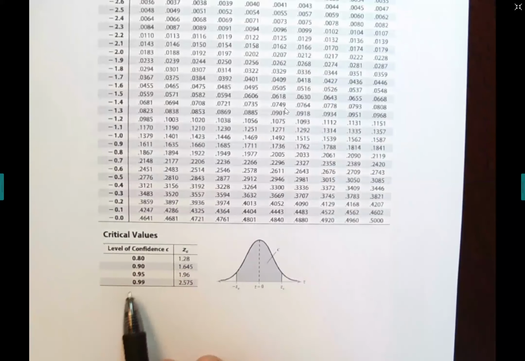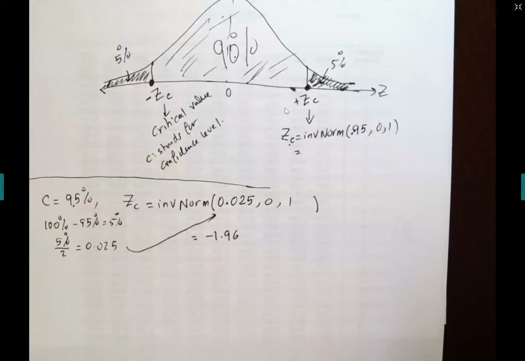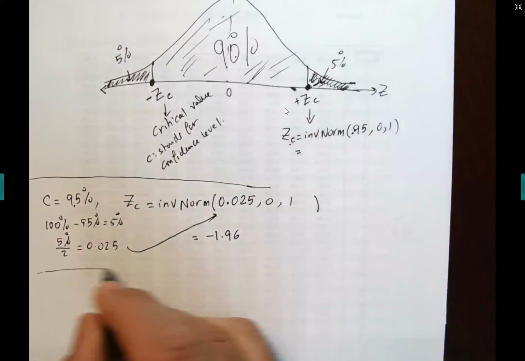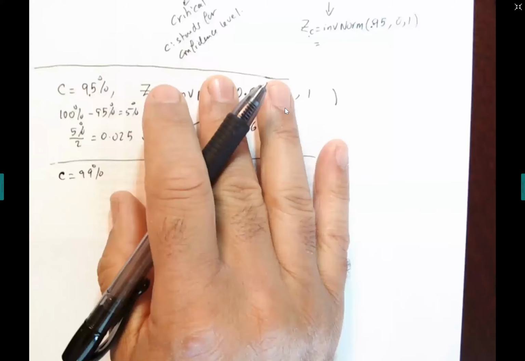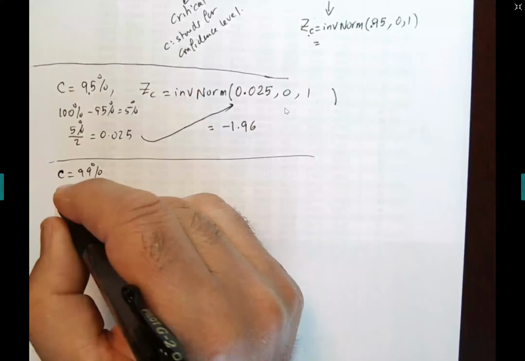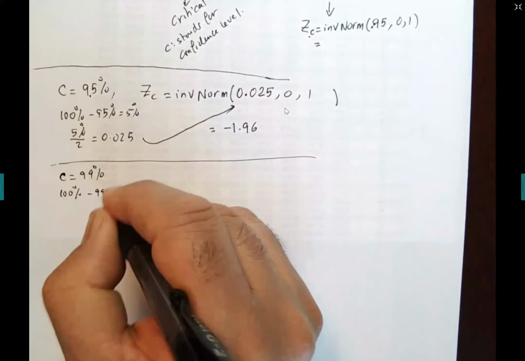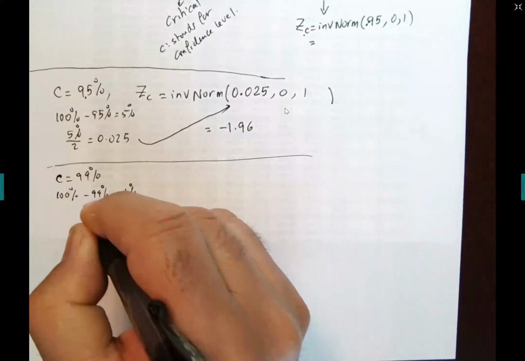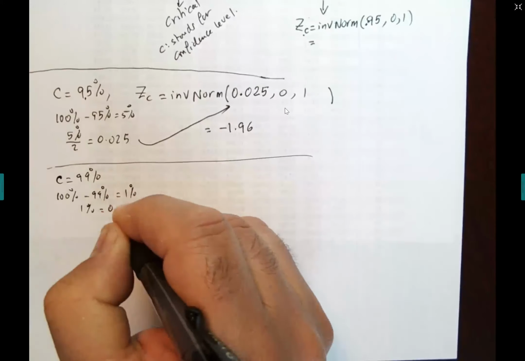For 99%, I'll demonstrate this on the calculator. Okay, help me out. Exact same thing as I did before. So you subtract from 100%. 1%. Divide by 2, don't forget that, which is going to be 0.005.